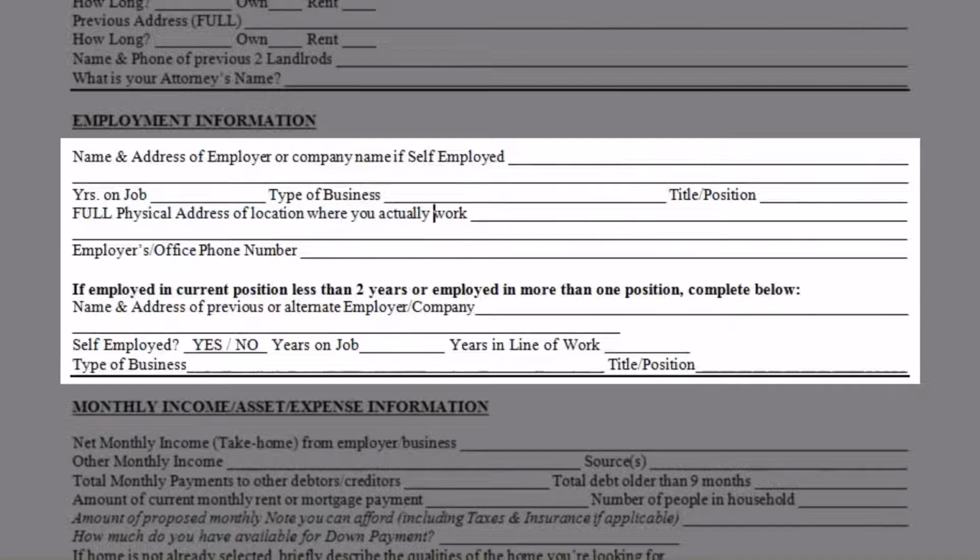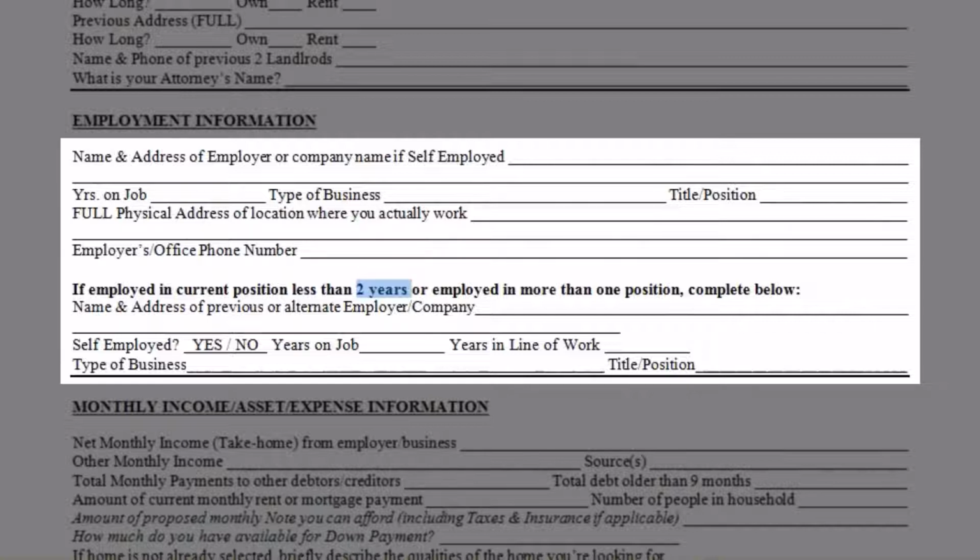Employer/office's phone number. If employed in current position less than 2 years, or employed in more than one position, complete below. So if they have an additional job, then they can put the information there. If they haven't been at their job at least 2 years, then it's not a good sign, and you want to at least see that they had some longevity at the previous job before that.